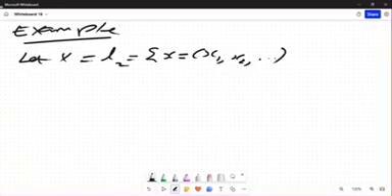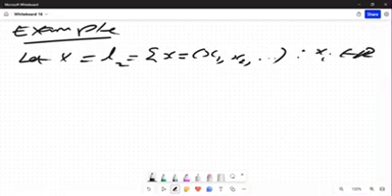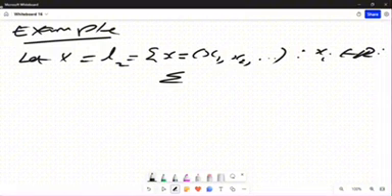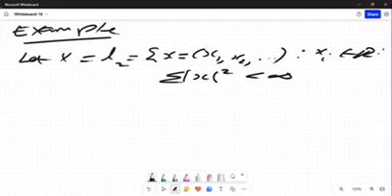It does not stop, and each of the components belongs to R. And it's such that, because you are in L2 now, the summation of your X to power 2 must be summable, must be convergent. That's the criterion. So that's how L2 is defined.